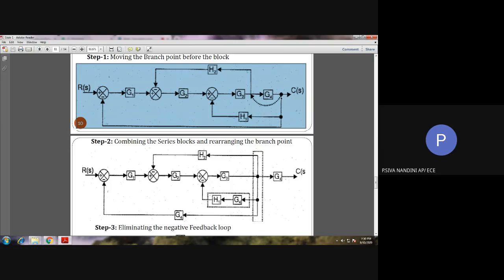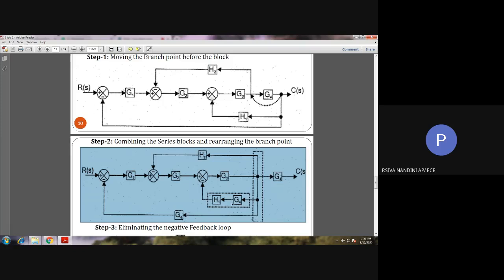So for moving the branch point before a block, say G4 here, we have to include that block G4 in the branch point path. So here we'll be including this G4. See here, thus we have obtained this block diagram by moving the branch point before G4.